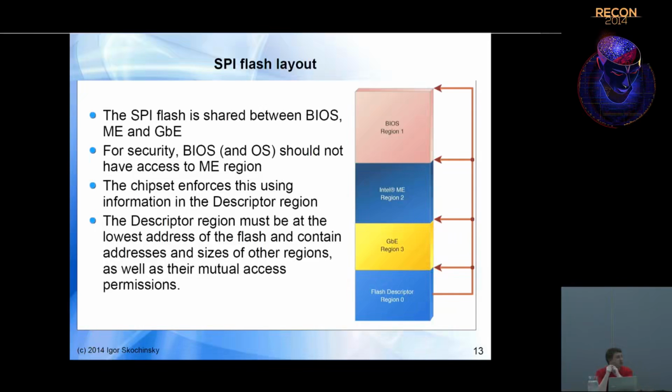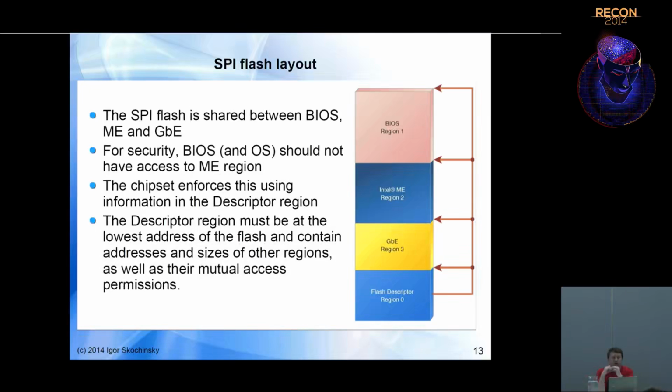So the flash image begins with this flash descriptor, which has different flags that tell the chipset, okay, the BIOS component, the host chip, the main chip, has access to the BIOS region, but not to the ME region. And the ME chip has access to the ME region, and maybe it also has access to the BIOS region, and so on.